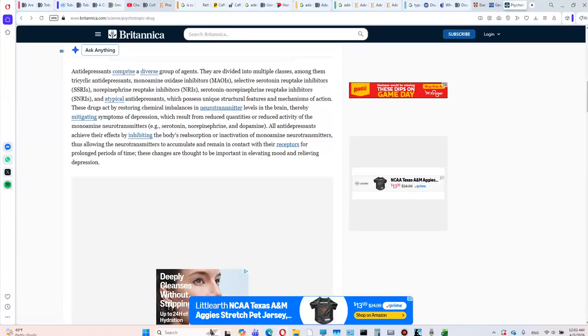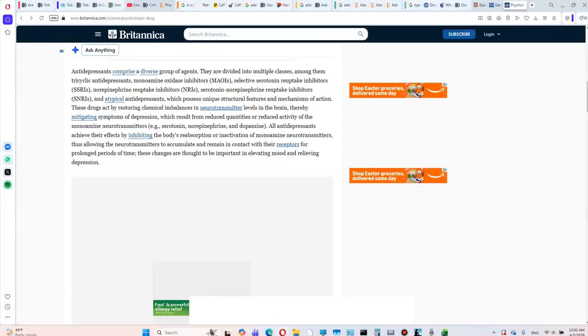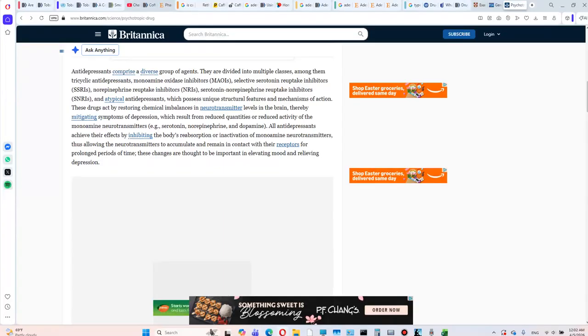All antidepressants achieve their effects by inhibiting the body's reabsorption or inactivation of monoamine neurotransmitters, thus allowing the neurotransmitters to accumulate and remain in contact with their receptors for prolonged periods of time. These changes are thought to be important in elevating mood and relieving depression.